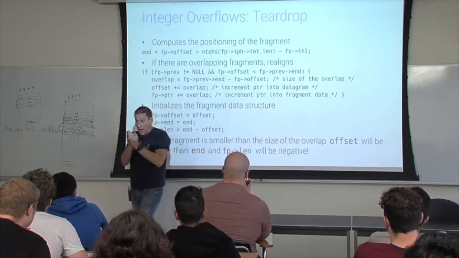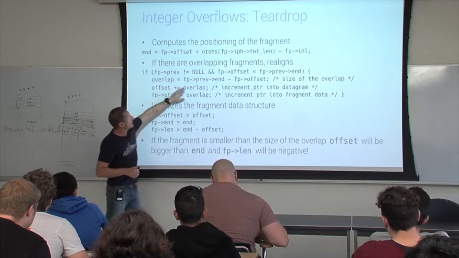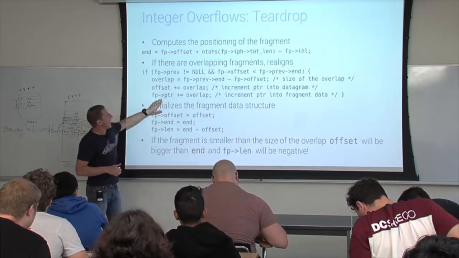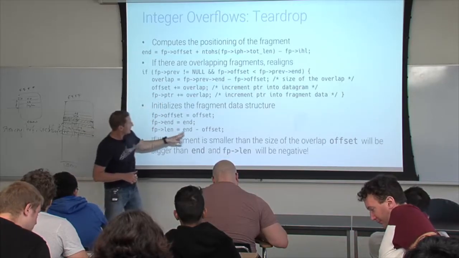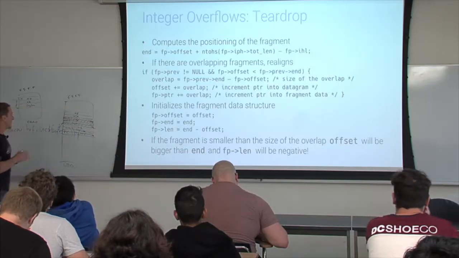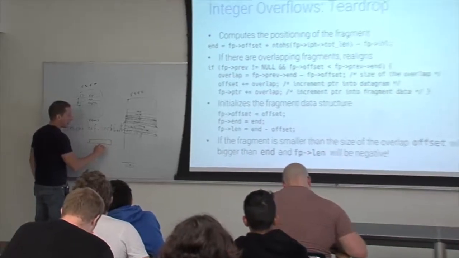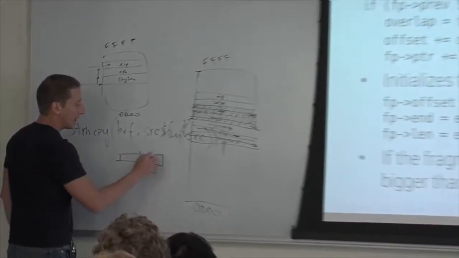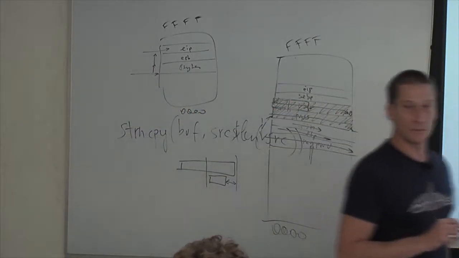So this would be the actual size of the overlap. And then they increase the offset by the overlap, and the length becomes computed as, where you see here, the end minus the offset. The problem is when you get a packet, and then you get another one, and the packet is smaller than the size of the overlap.